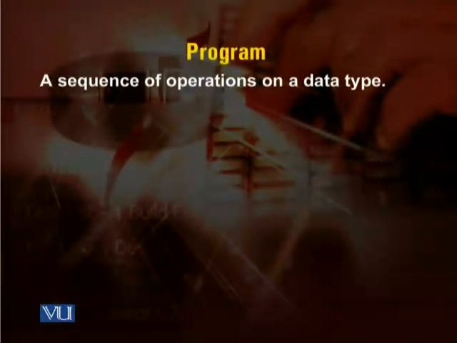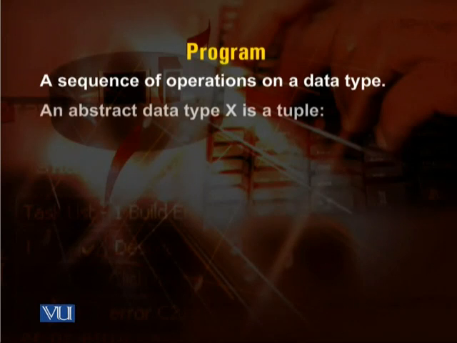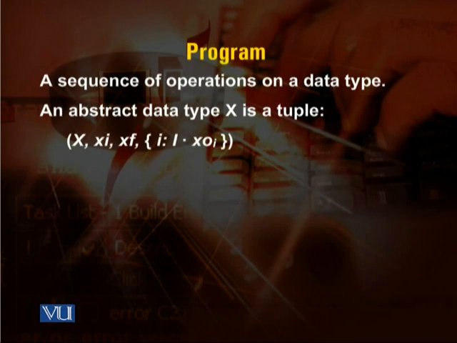As I mentioned earlier, a program is a sequence of operations on a data type. An abstract data type X is a tuple in which we have X, which is the data type itself, comma Xi, which is the initial state, Xf, which is the finalization. So initialization and the finalization of X. Then we have a number of operations.